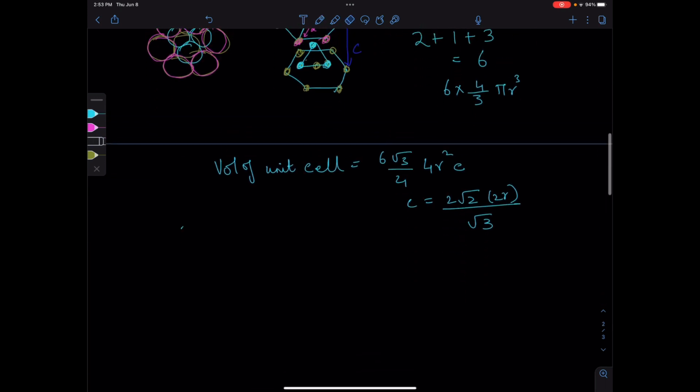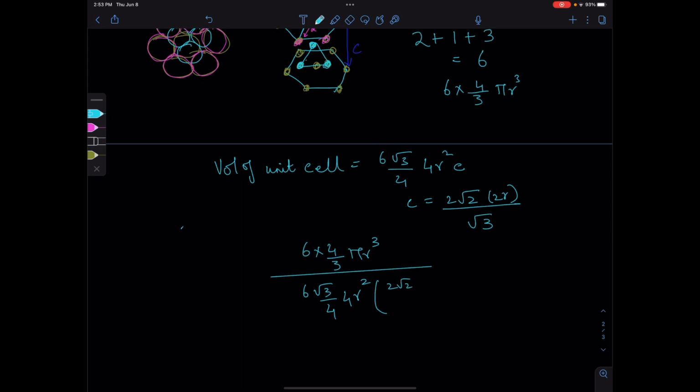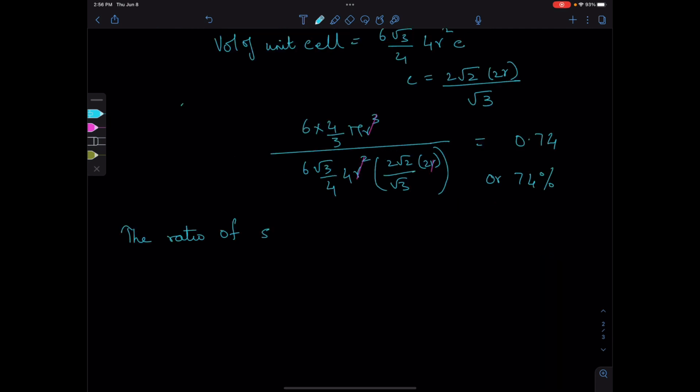So if we divide the volume occupied by the atoms over the volume of the unit cell, we get a ratio of 0.74.